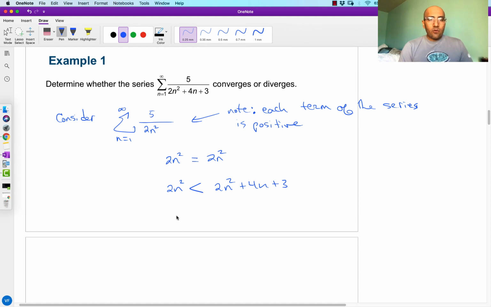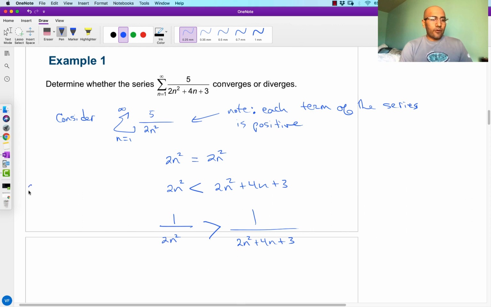Good. And then when we flip it, 1 over 2n squared, and 1 over 2n squared plus 4n plus 3, right? So if this denominator is bigger, it turns out that the fraction, when we flip it upside down, is going to be smaller, like this, right?